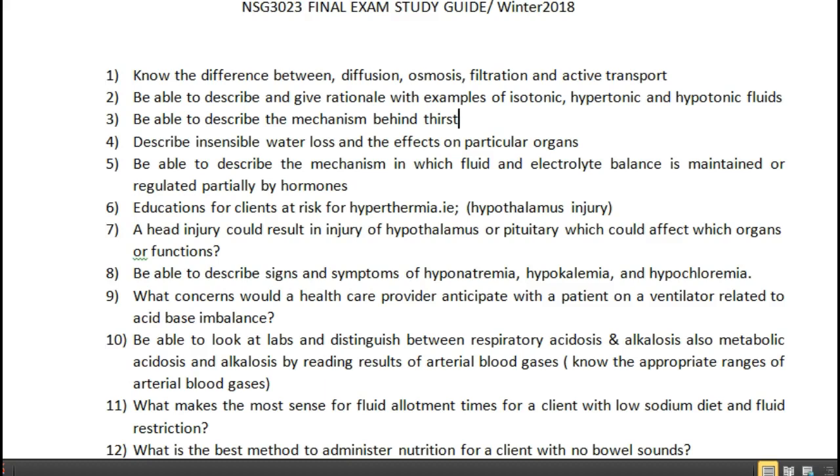Hypokalemia is responsible for muscle weakness and severe cardiac problems like arrhythmias. When y'all think about potassium, kalemia, I always want you guys to think about heart problems, okay? And if you think about heart problems, more than likely you'll get it right.